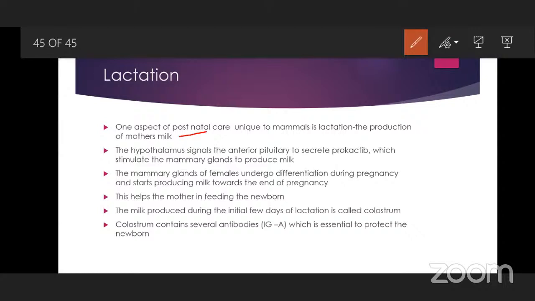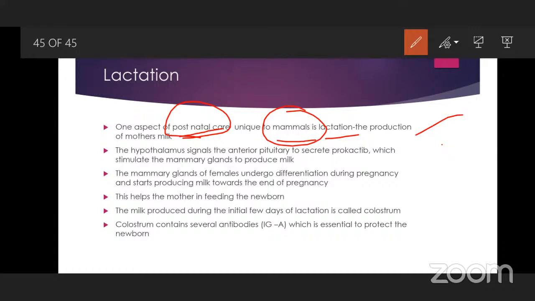So because of the presence of the mammary glands only, the mammals are known as mammals. The name mammals is given because of the presence of mammary glands, and with which they show the parental care to the individual. So the aspect of care which is unique to mammals is lactation, that is production of mother's milk, which is produced from the mammary gland.